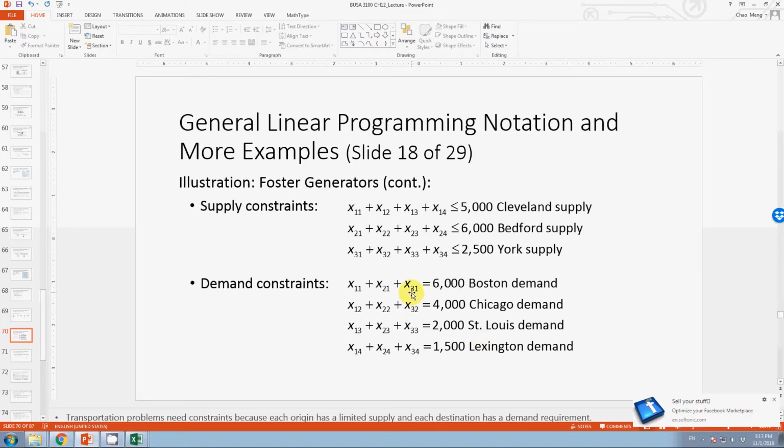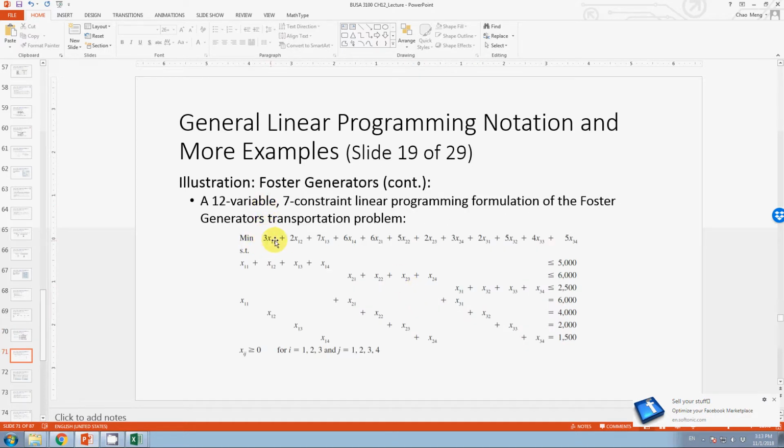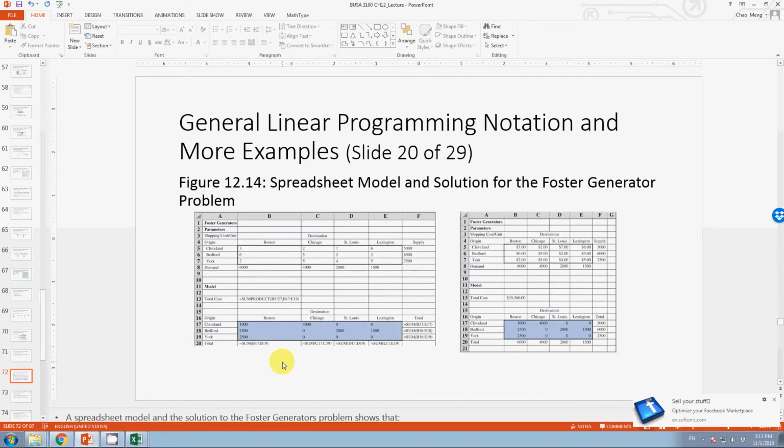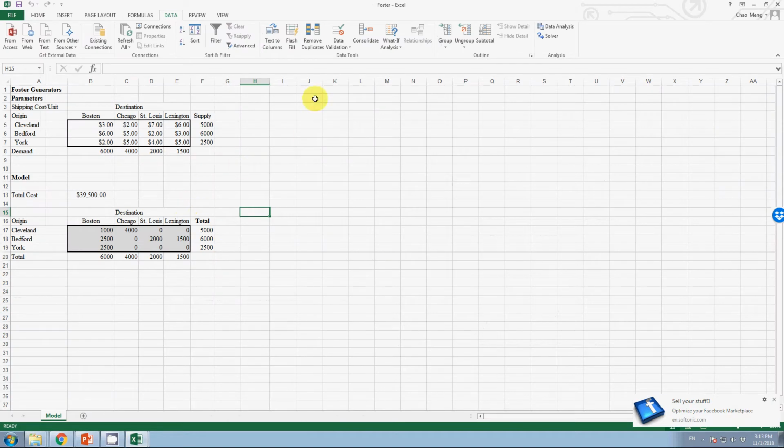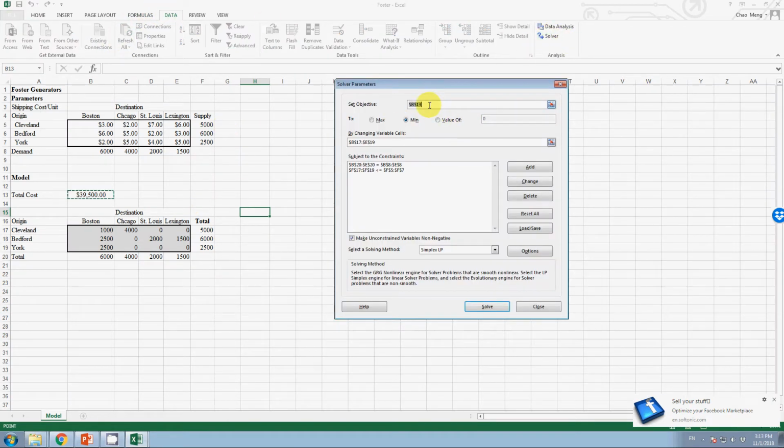So those are the constraints. Here is the objective function: we want to minimize the total transportation cost, subject to the constraints, and of course all the decision variables have to be non-negative. Then we are going to solve this problem in Excel using the Solver: the objective function is the cost, and these are the decision variables.